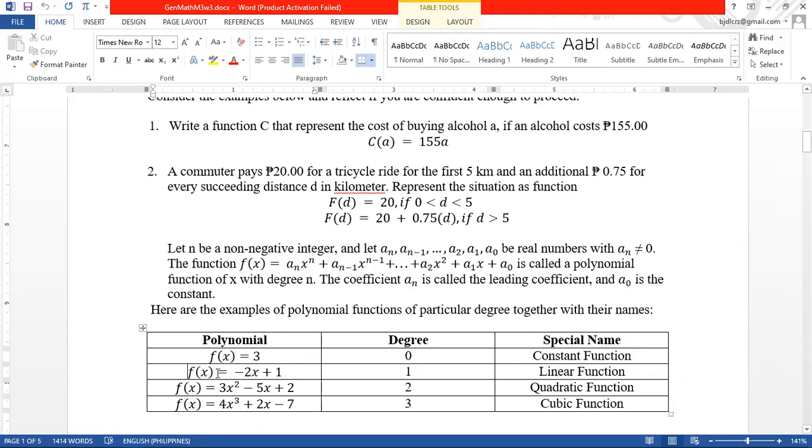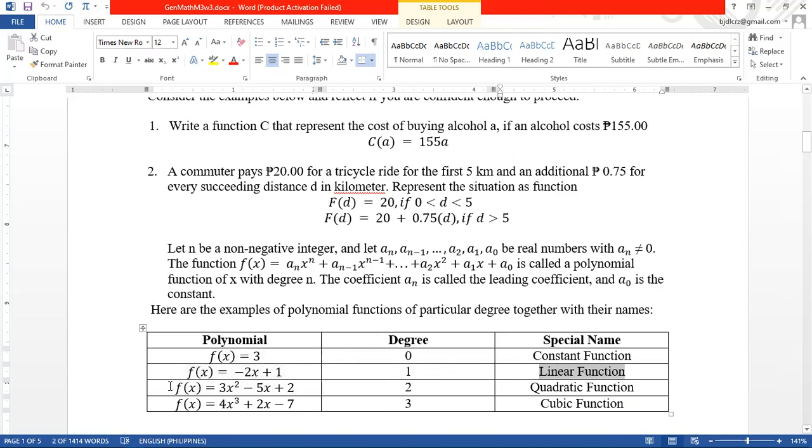Next is f of x is equal to negative 2x plus 1. So it has one degree, since x is raised to the power of 1, which is implied. So the degree is one, and the special name is linear function.